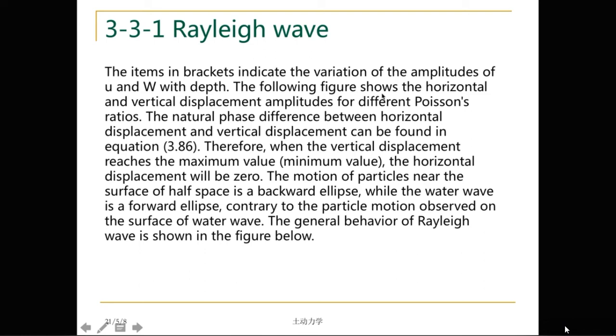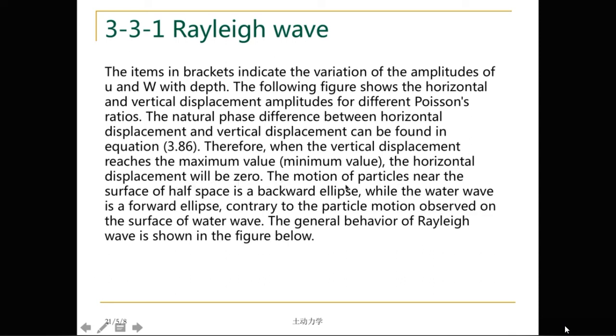The following figure shows the horizontal and vertical displacement amplitudes for different Poisson ratios. The phase difference between the horizontal displacement and the vertical displacement can be found in equation 3.86. Therefore, when the vertical displacement reaches the maximum or minimum value, the horizontal displacement will be 0.